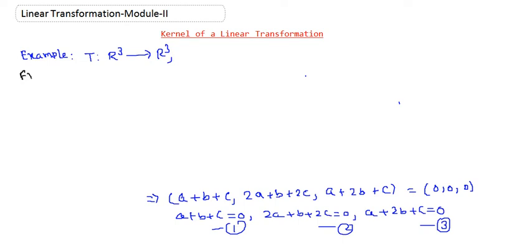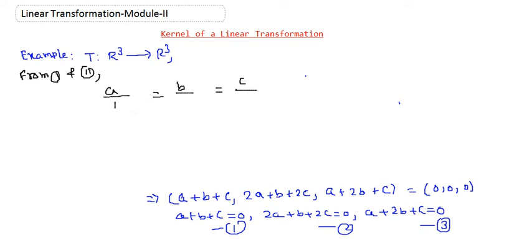So from equations 1 and 2, we get A over 1 equals B over 0 equals C over minus 1. Here we are just using some methods from your system of linear equations course.